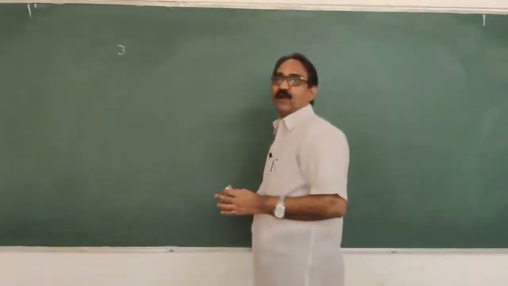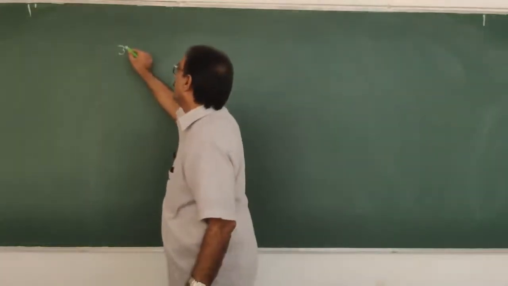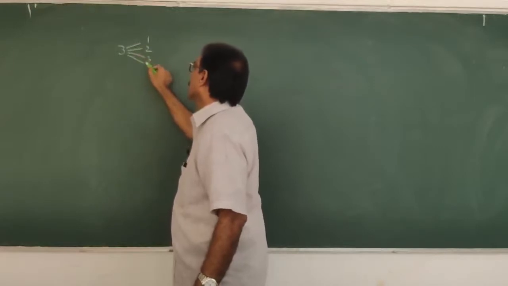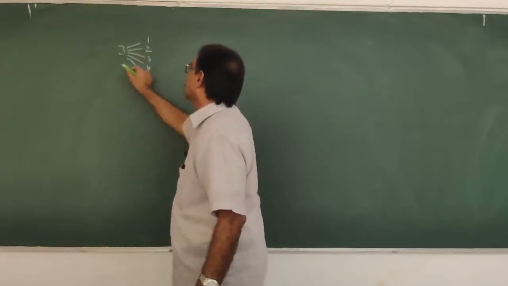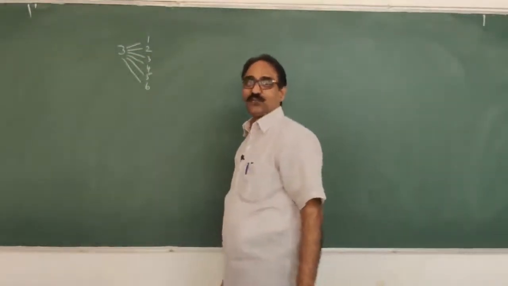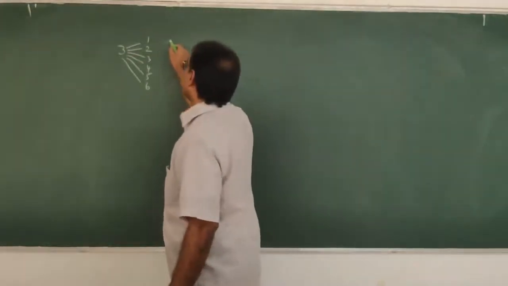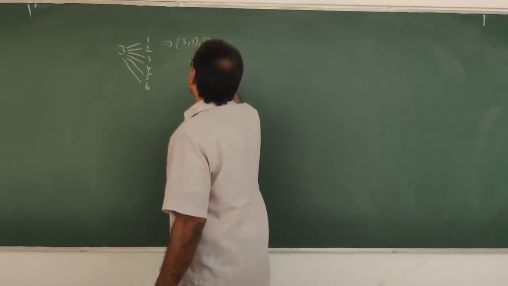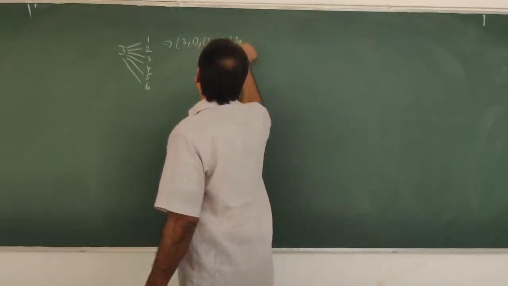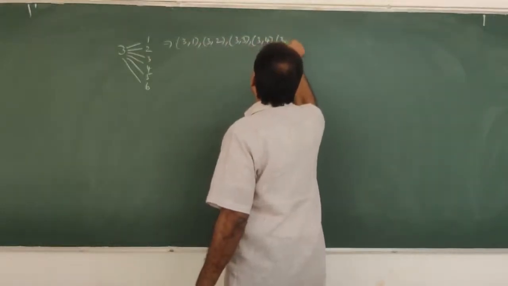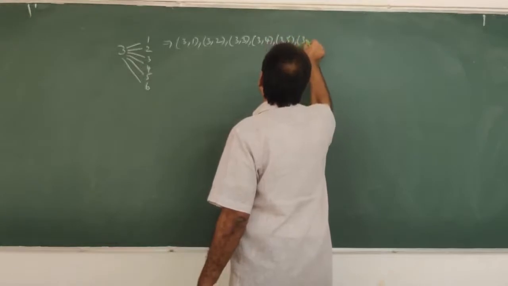Again if I throw a die, what number will I get? You may get 1, 2, 3, 4, 5, 6. Chances are there. So the chances are 3,1, 3,2, 3,3, 3,4, 3,5, 3,6.